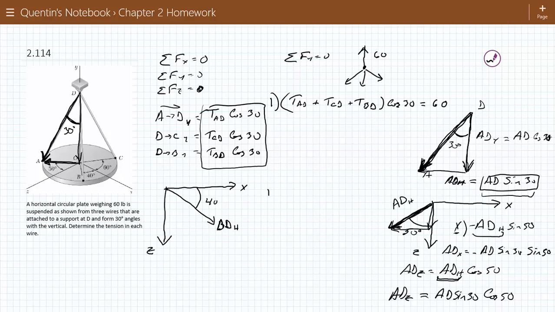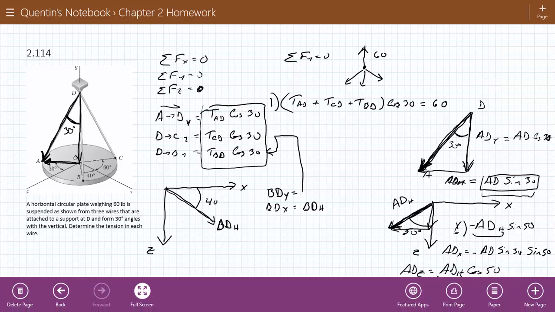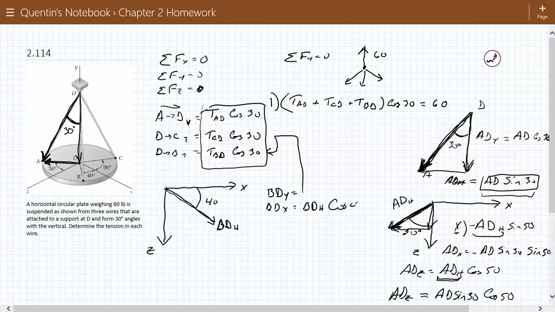So therefore, BD y is, we figured that out up right there, right? BD in the x direction is going to be BD horizontal, the horizontal portion of it, times cosine of 40.